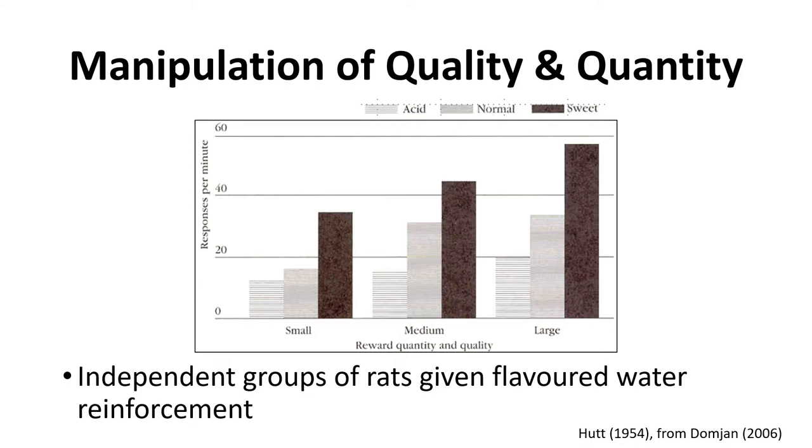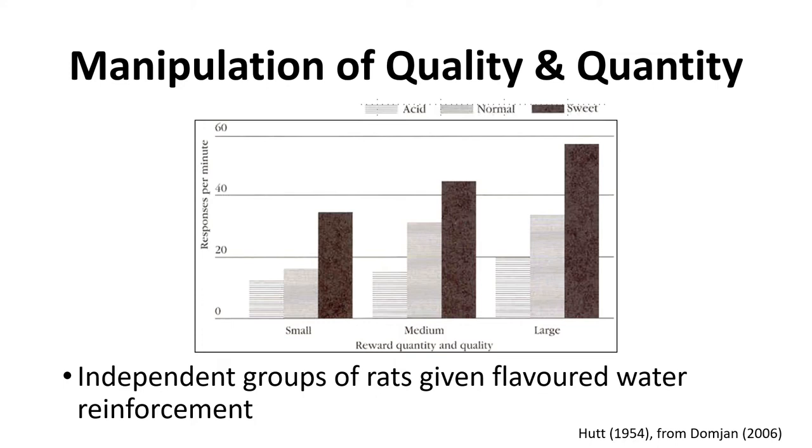And we would have 9 different groups that varied along 2 different dimensions. So the first dimension would be the quality of the water reinforcer that they were being given. So at the top of our graph here, we have 3 different types of water that they could be given. One would be acidic water, where they would add an acid to the water just to make it basically bitter and not as tasty.